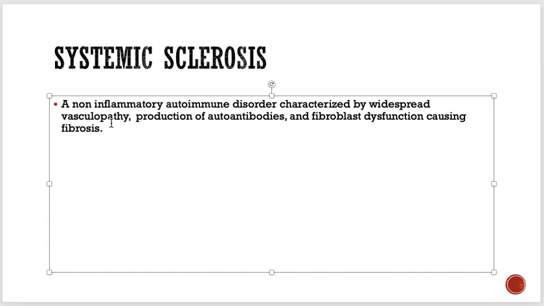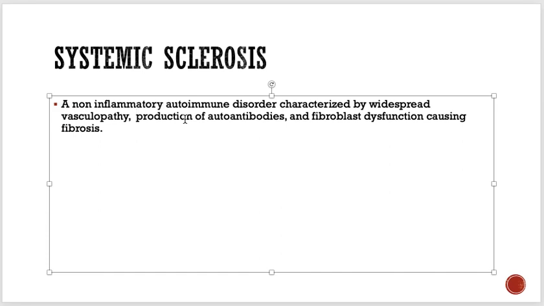If I talk more about the clinical definition of systemic sclerosis, it's a generalized disorder of connective tissue which affects the skin, the internal organs, and the vessels.